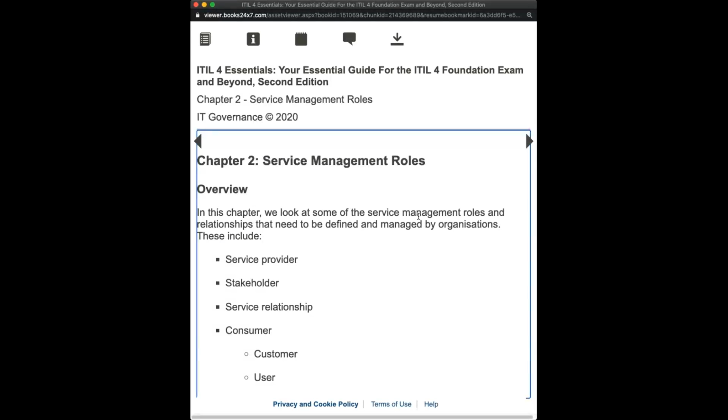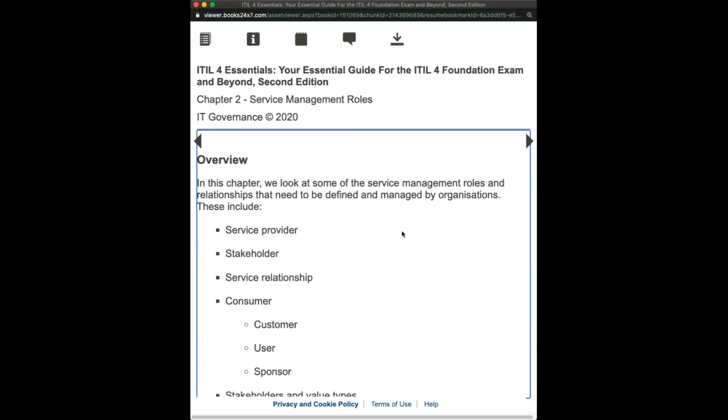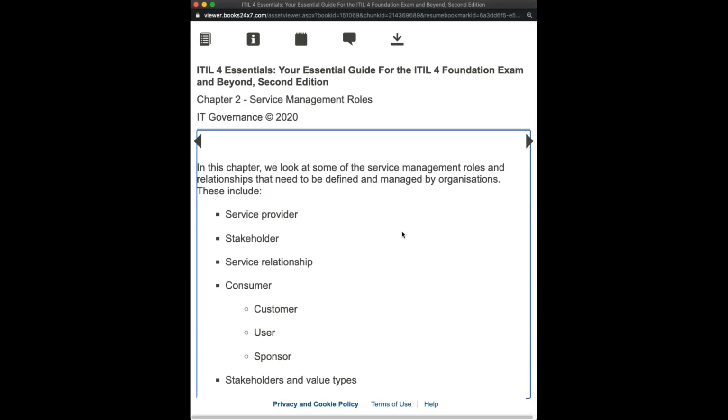So look, it's fast. We're now on chapter 2, and we would now like to define the roles in service management, right? Who are the people in service management? This includes the service provider, who provides the service, and stakeholders, which are the customers.